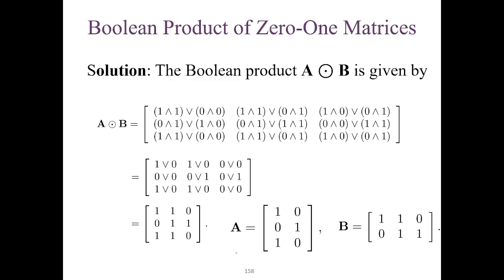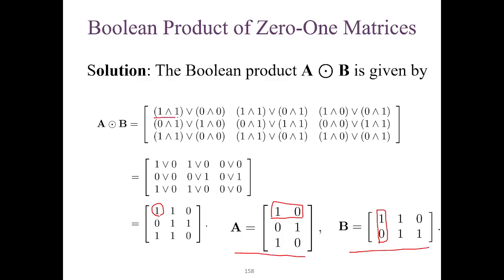Okay, A is here, B is here. Let's see the first element of the Boolean product of A and B. For the first element, we use the first row of A and the first column of B. So the corresponding elements are 1 and 1.